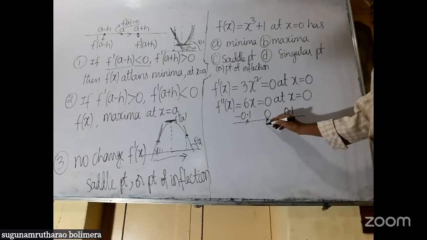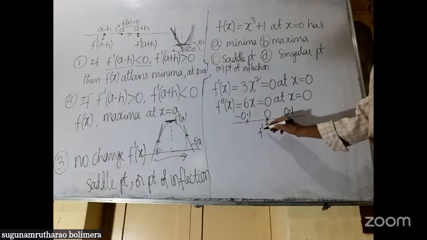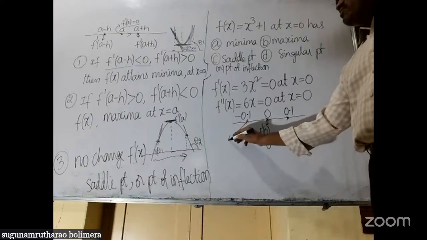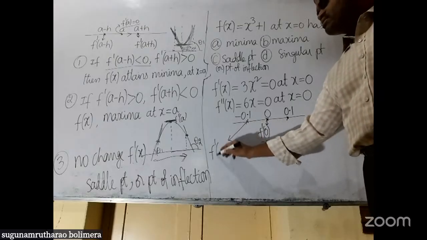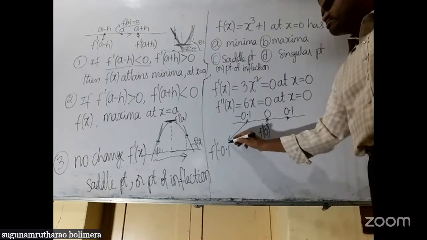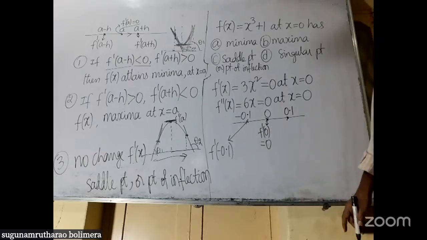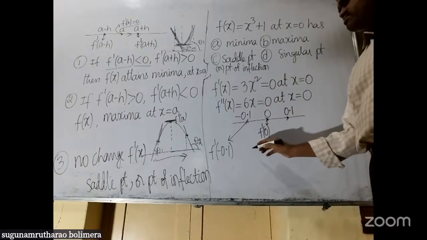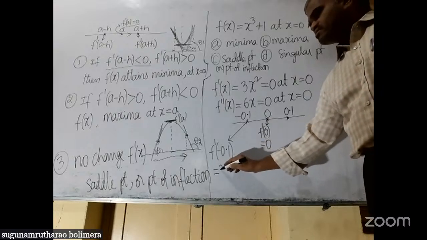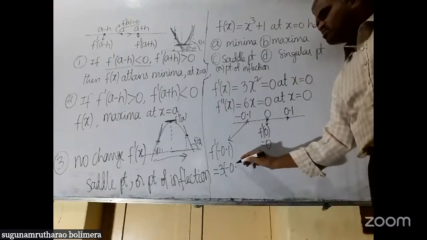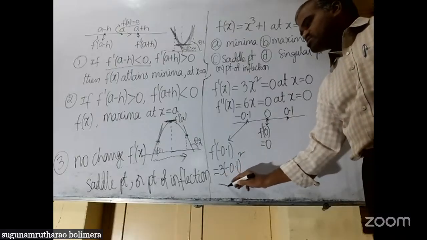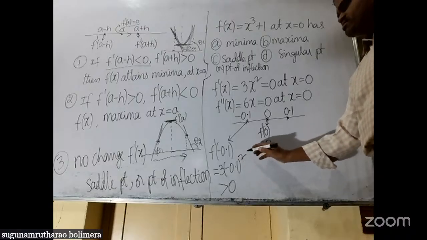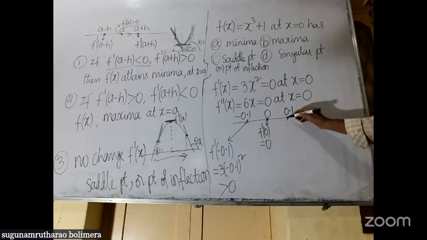So already f dash of 0 is 0. And what is f dash of -0.1? It is 3 into -0.1 whole square. Is it positive or negative? Definitely it is positive. At 0 it is 0.